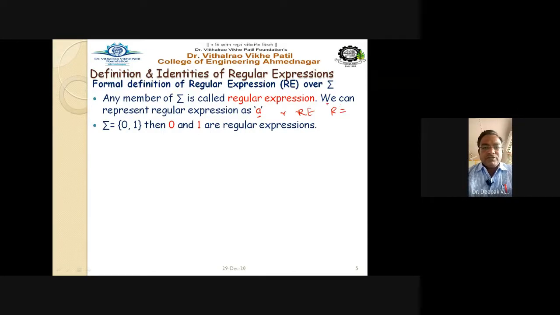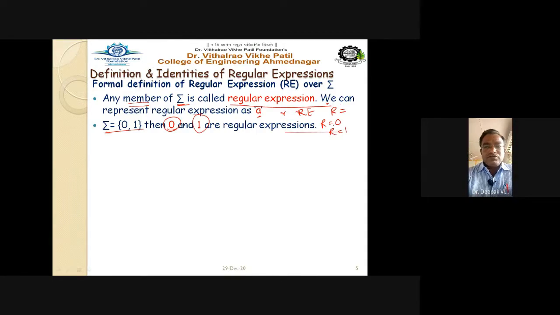That is nothing but a regular expression. For example, sigma equal to {0, 1}, the input alphabet is 0, 1. So 0 is one regular expression and 1 is another regular expression. So there are two regular expressions. I can write R equal to 0 as well as R equal to 1. These are the two regular expressions.